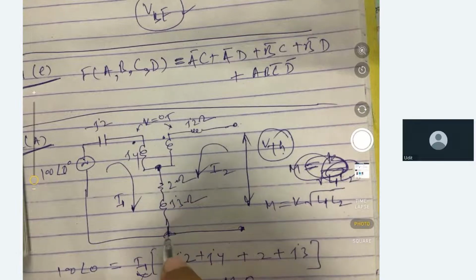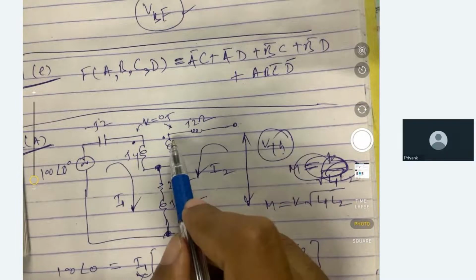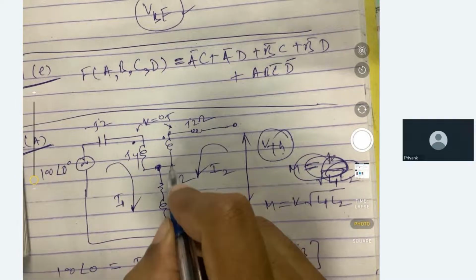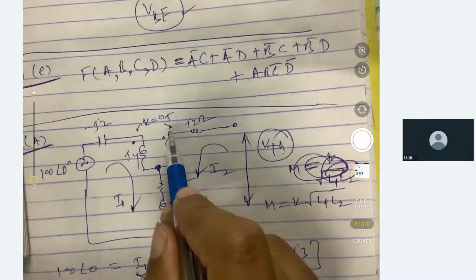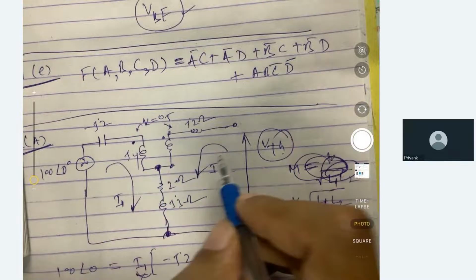Across 2 plus J3. But we need to incorporate this M thing also. Yes, I think it should come.